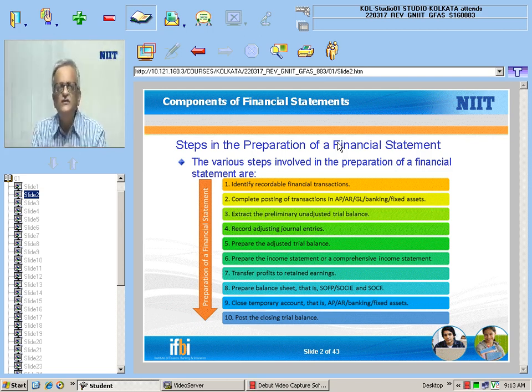So these are the steps to be taken in the final preparation of the financial statement. The balance sheet is also called the Statement of Financial Position, SOFP. That is called the balance sheet. So these are the steps in the preparation of the financial statement.